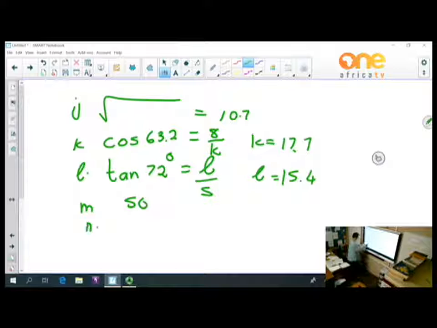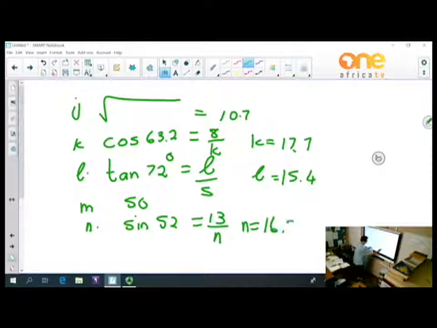Then N, which function now? I would say it's sine again, sine 52, which is equal to 13 over N. Which method? Bottom divide. So 13 divided by sine 52 is equal to 16.5.